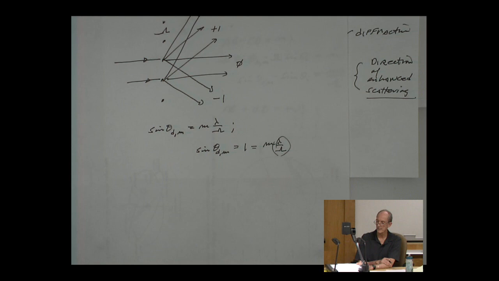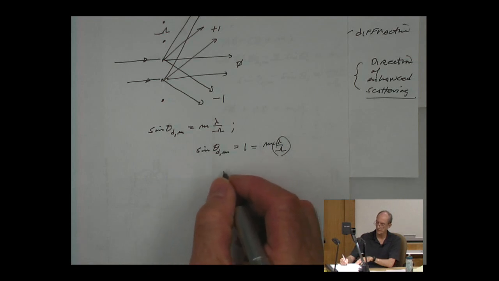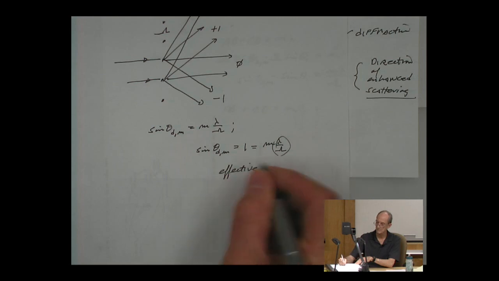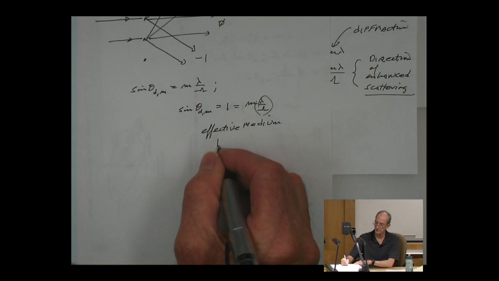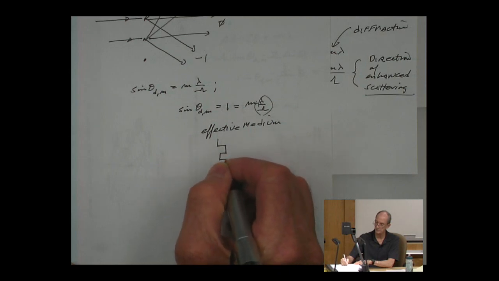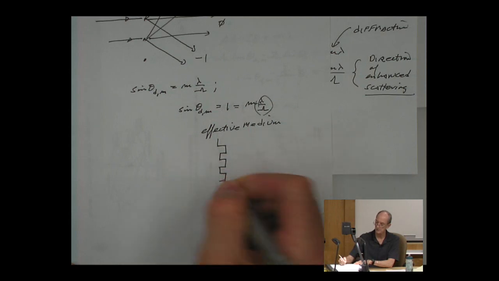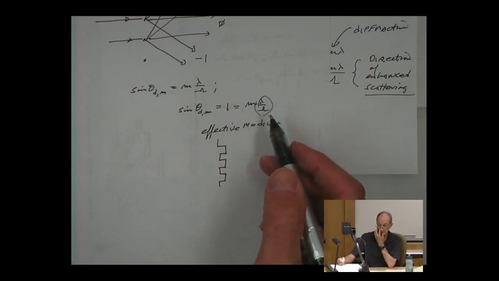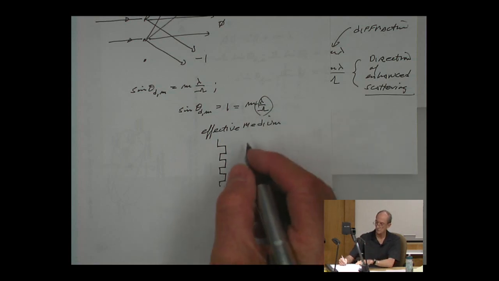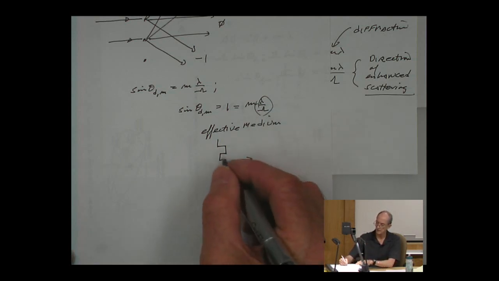Well, maybe we'll get to this later in the class, but you can get into a situation where we have what's called an effective medium. So if we were to make, say, a square wave grating, and let's say this condition is such that the only order that we're going to get coming through is the zero order, these other orders are diffracting.